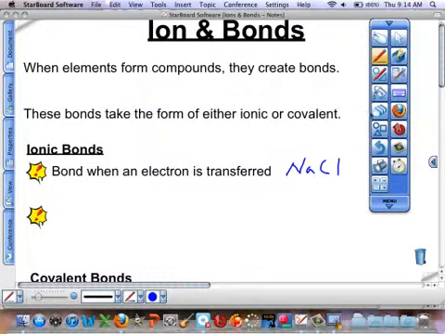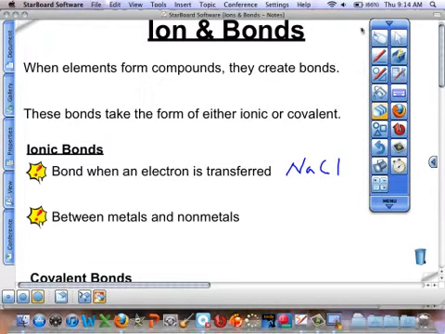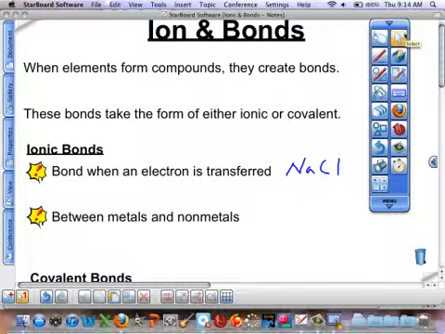Most often, you're going to see ionic bonds between a metal and a nonmetal. And that's the biggest characteristic. When you're looking at a compound, you ask, okay, was that an ionic bond or a covalent bond? The easiest way to identify it: a metal and a non-metal makes it ionic.